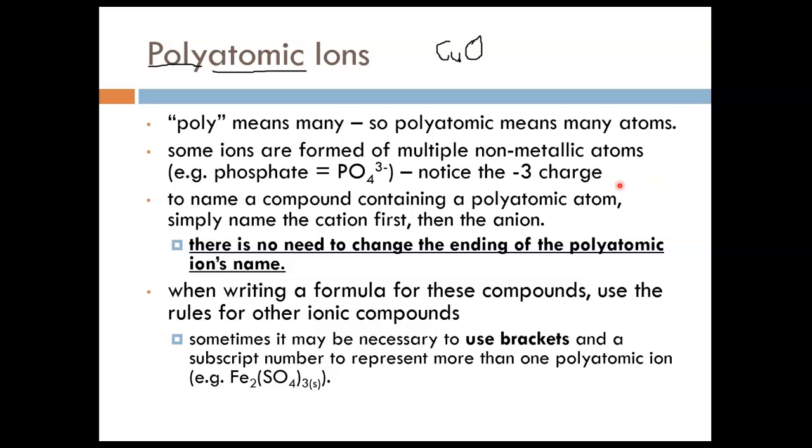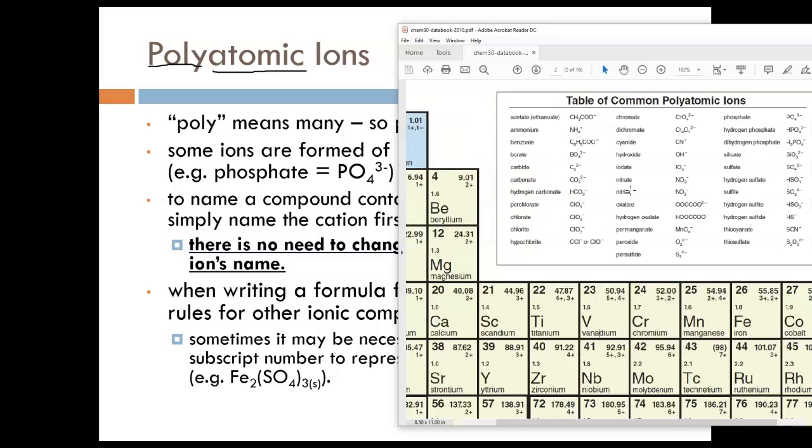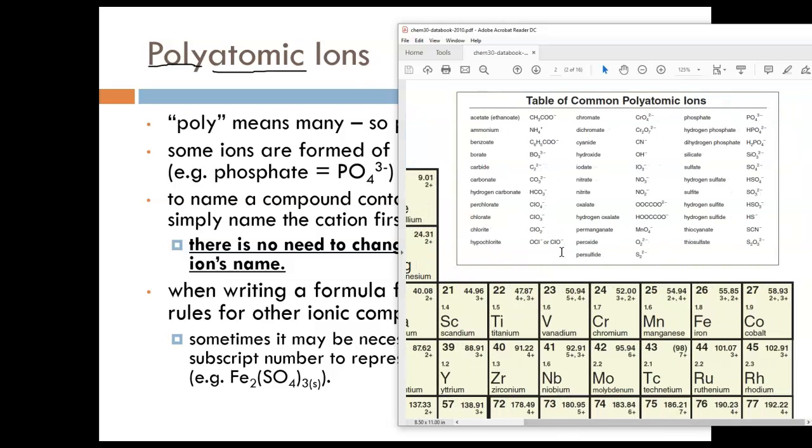Now, polyatomic ions you don't just have to come up with out of nowhere. There is a table of polyatomic ions above your periodic table. And so this is the table of common polyatomic ions that you will be working with in this class and future chemistry classes. And so you can see, for example, that phosphate is up here along the top.